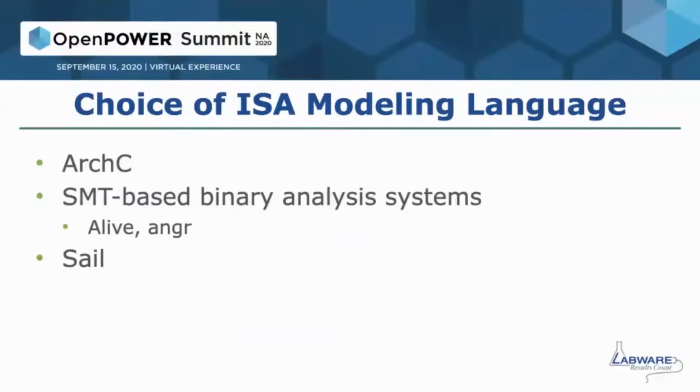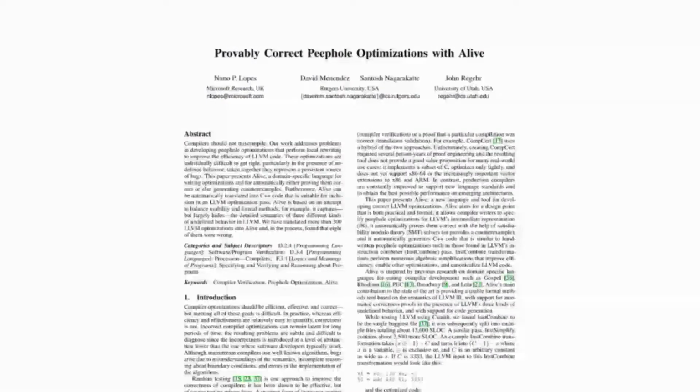Therefore, there was the question, what else can we use for the semantics part? We investigated some other analysis systems. Alive is used by LLVM to prove correctness of optimizations.